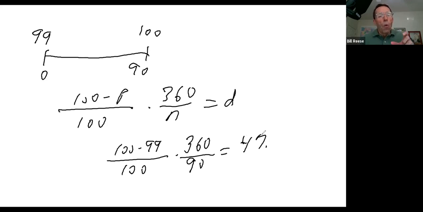Now, this yield on a discount basis is not the correct way to calculate a yield. There are two mistakes that have been made here, but they've been made deliberately to make life a little bit easier. If you want to calculate a yield, it's how much you made divided by how much was invested. What was invested was the price, not the face value. But what's easier, to divide by 99 or to divide by 100? It's easier to divide by 100.